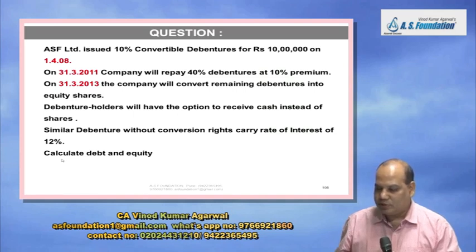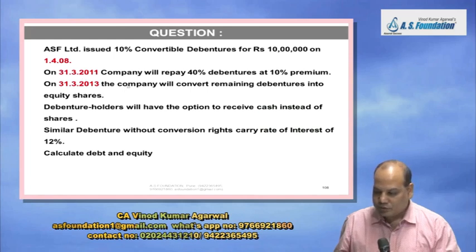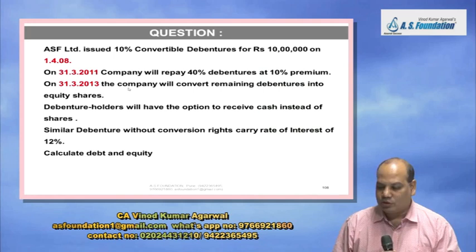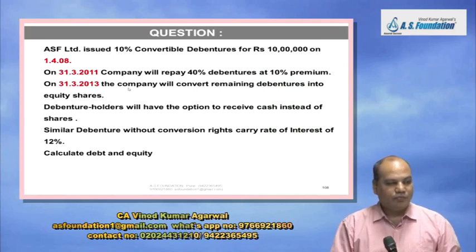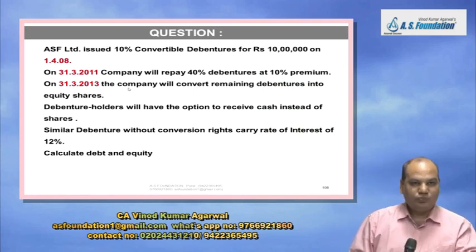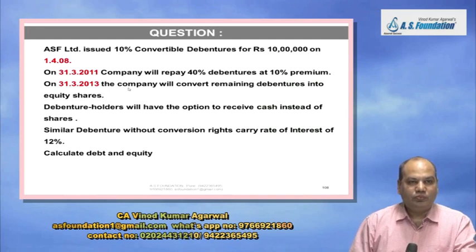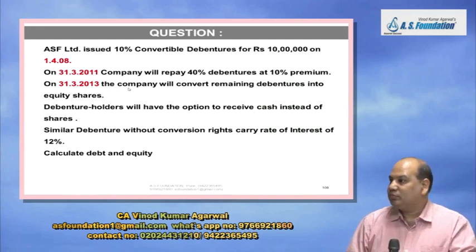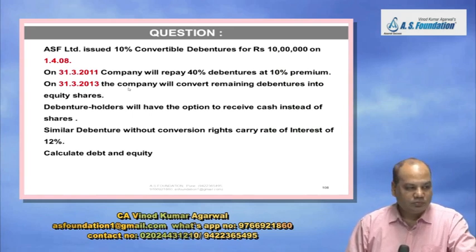Partly convertible debenture. This 40% will be paid in cash on 31st March. For this 60%, the investor has an option to receive cash or equity shares. First you try. I can do it, but you must try. Write neatly.